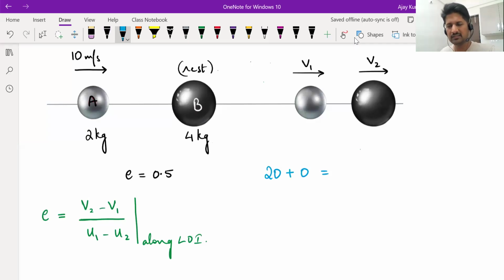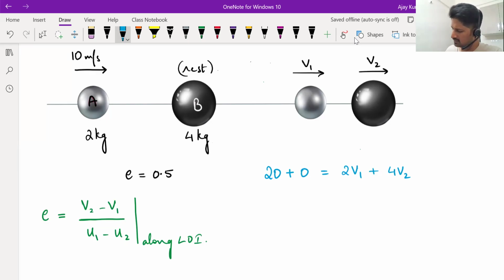You are making things complicated. We assumed their final velocities are V1 and V2. Use them directly in the equation. 2V1 plus 4V2. That's all. That's the linear momentum conservation equation.